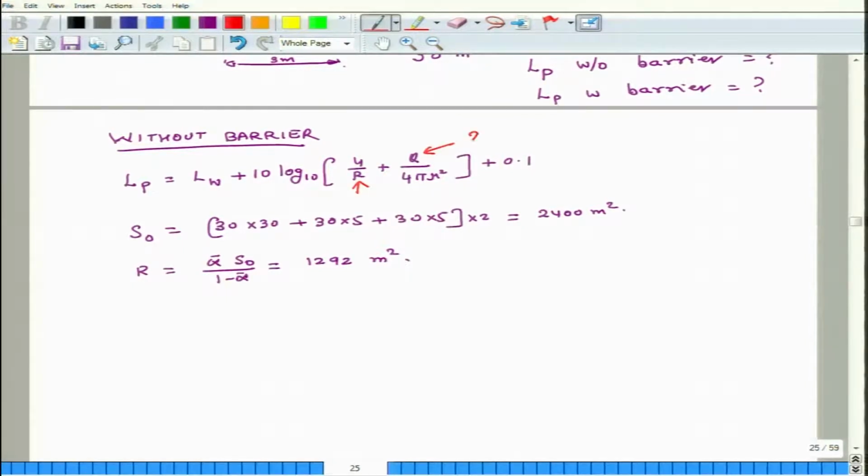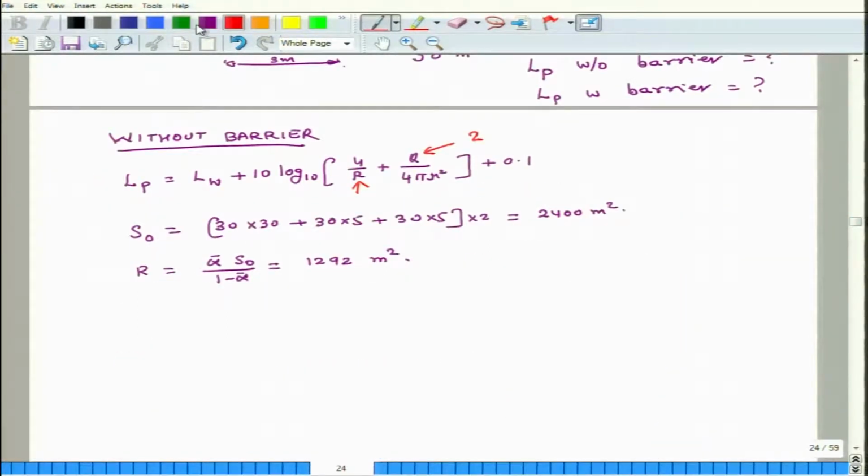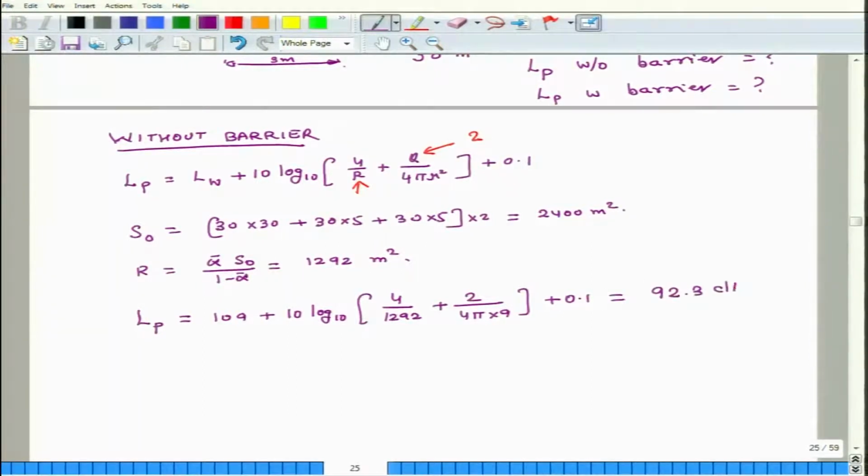Q is specified as 2, it is given, Q is equal to 2. So, LP, sound pressure level at the location of the listener, is LW, which is 109 decibels, plus 10 log of (4 by 1292 plus Q, 2, divided by 4 pi into 9), and that is equal to 92.3 decibels.